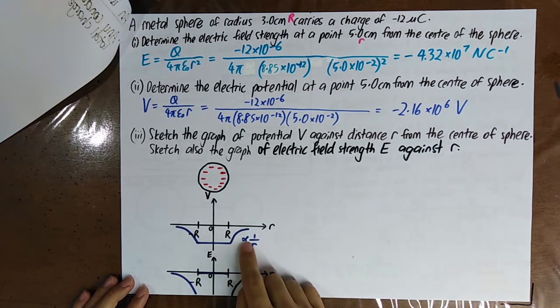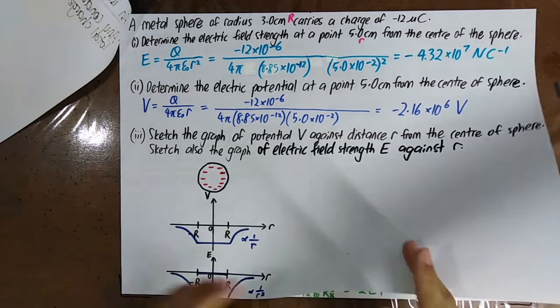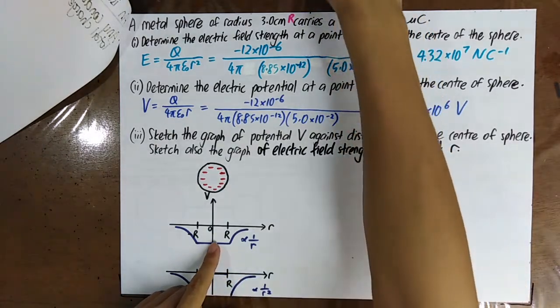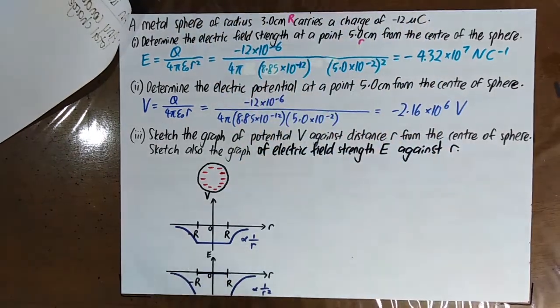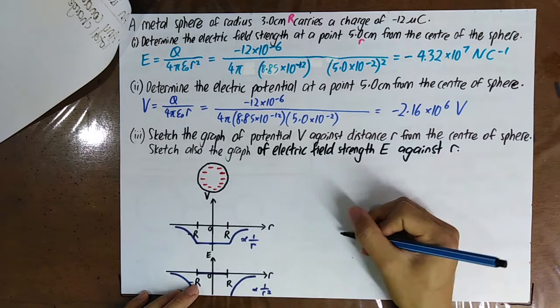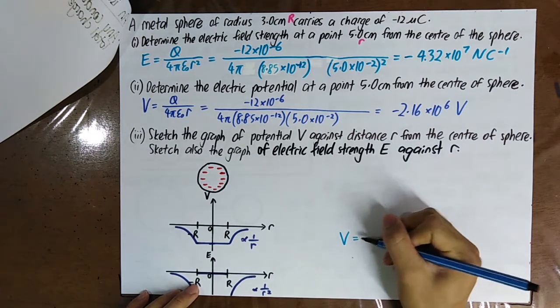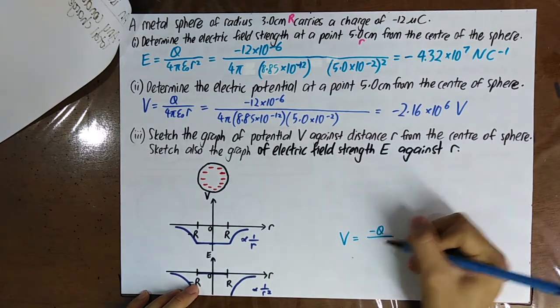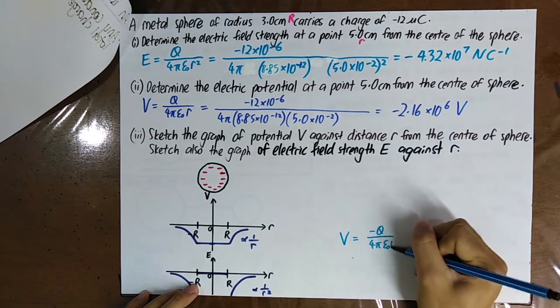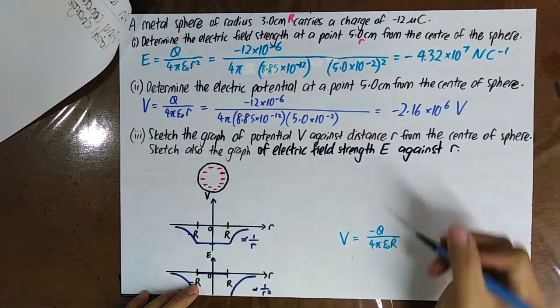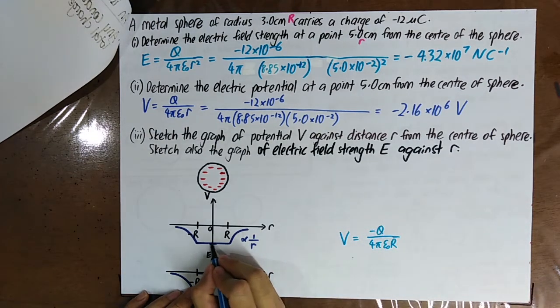Okay, because V is inversely proportional to r, and this is E, which is inversely proportional to r squared. So if you want to find out the V at this position, this is a constant and this is the value of this.